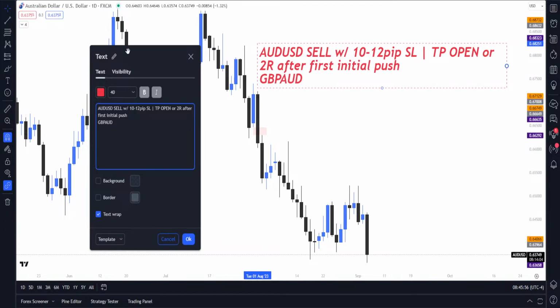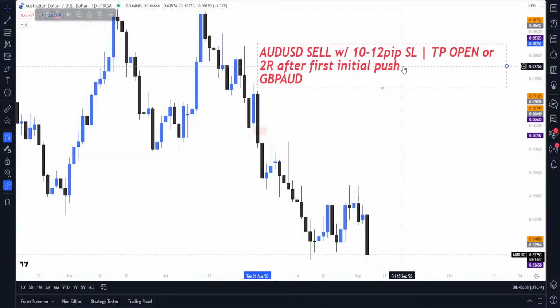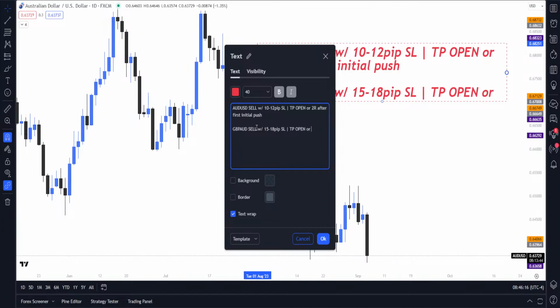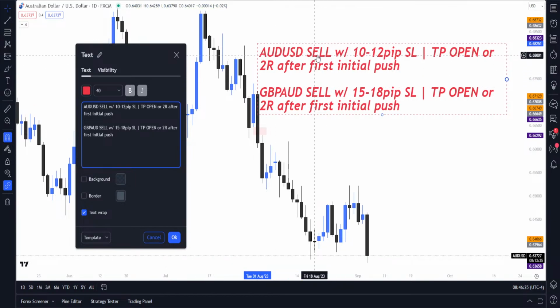GBP AUD. Let's go ahead and actually put another space between that. So what this basically means is you're selling both AUD USD and GBP AUD, right?